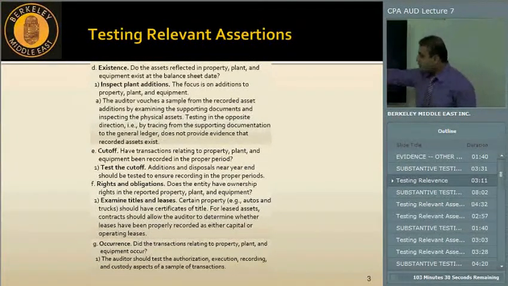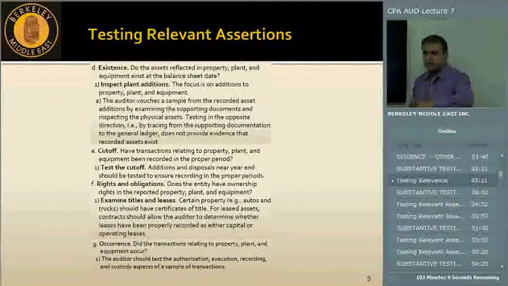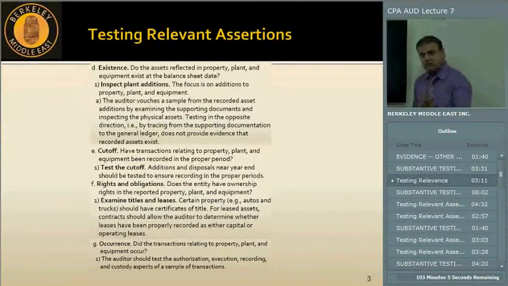Same for the assets, we can inspect the plant additions. Then for the depreciation, we can have a cutoff, that for calculating the depreciation 31st December is the cutoff. We can see the movement of additions and deletions before and after the cutoff period in continuity, to see whether some window dressing has been done with the financials. So the cutoff period is very important.